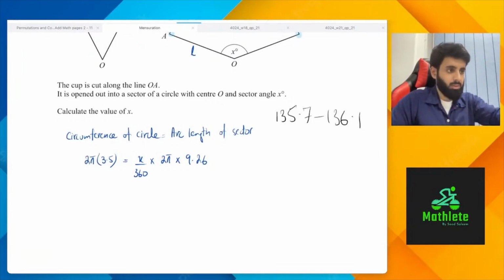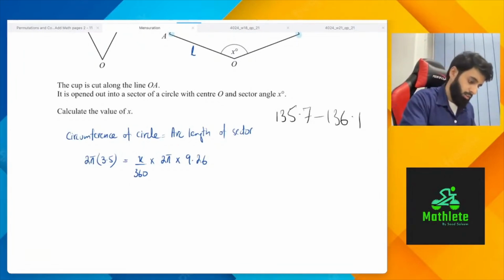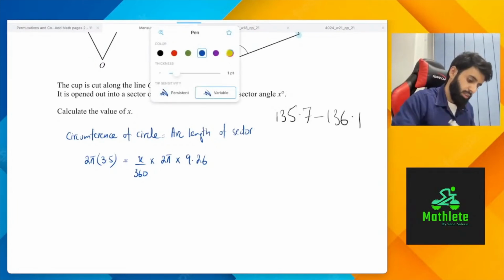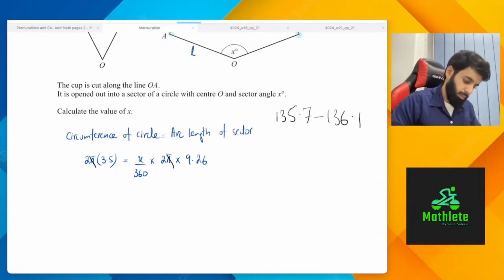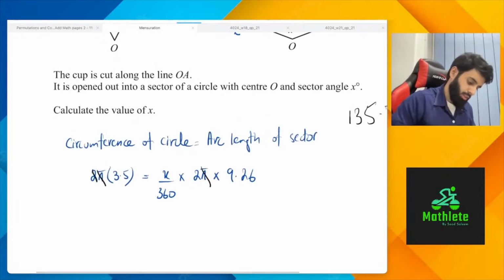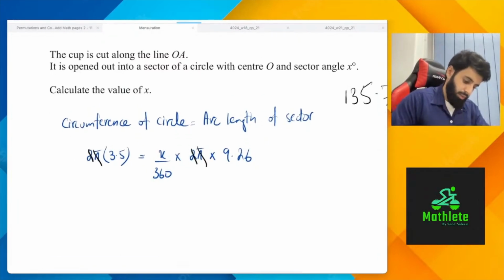136.1. Okay, now having pi on both sides means that we can just cross it out, and that's exactly what I plan to do. We cross out the 2 as well. Okay, now in order to find the value of x, this is what needs to be done: 3.5 times 360 divided by 9.26.